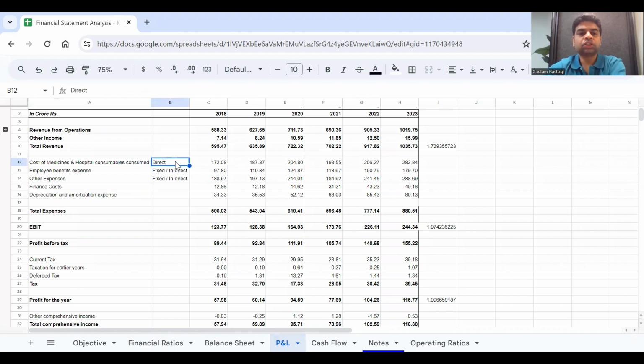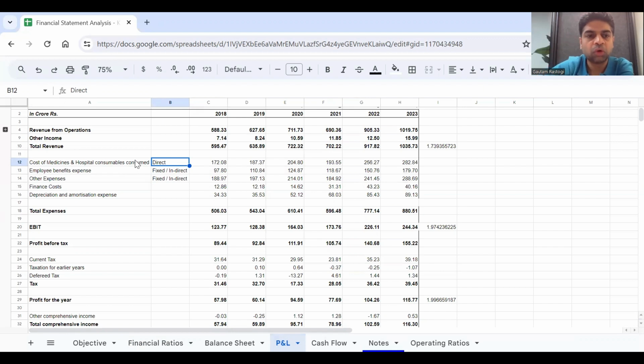The definition of direct cost is the cost that a company incurs in manufacturing a product or providing a service. In the case of hospitals, it is providing a medical treatment. So what is the cost they incur in providing a medical procedure or treatment? In this case, it's the cost of medicines and hospital consumables.